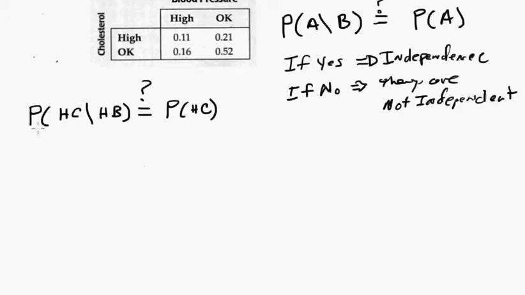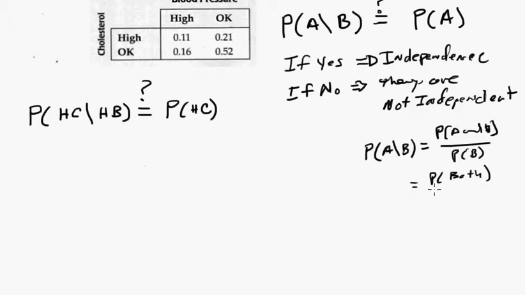On this side, I'm going to translate this because I know that this is a conditional probability. The probability of A given B is equal to the probability of A and B happening divided by the probability of B. Another way is also the probability of both divided by the probability of the given.